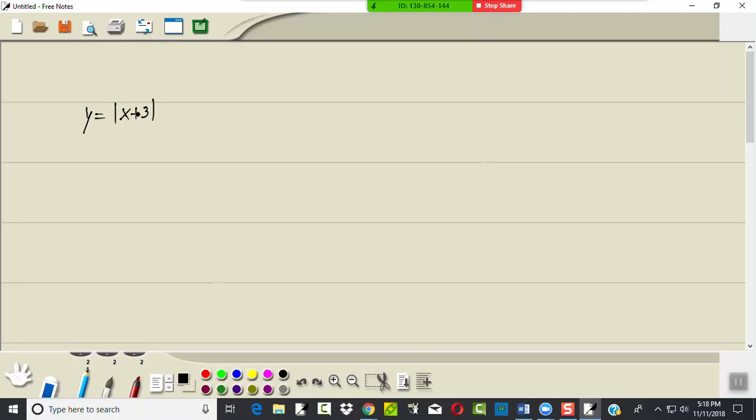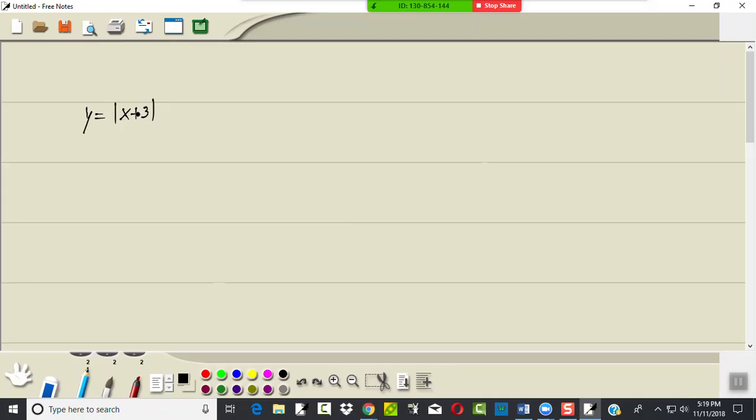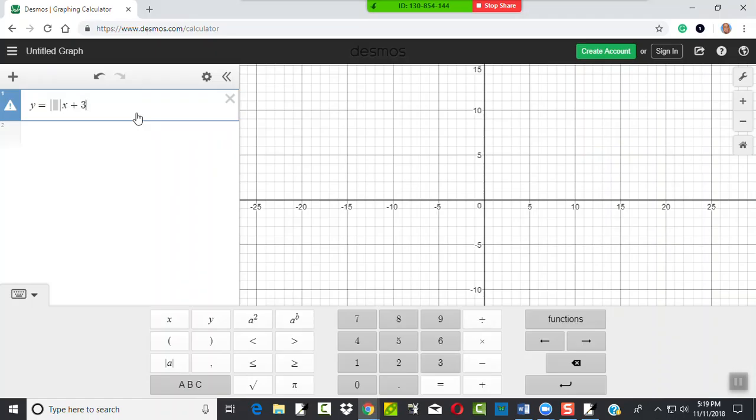Y equals, if I just do the pipe symbol, it's over in the far right of your keyboard, above your enter button. So hold on my shift key, I get that. And then I can type in x plus 3. Well, left arrow, I guess, and then x plus 3. We get that.